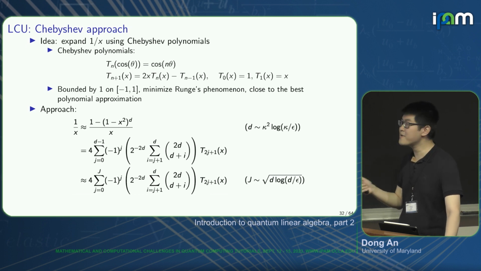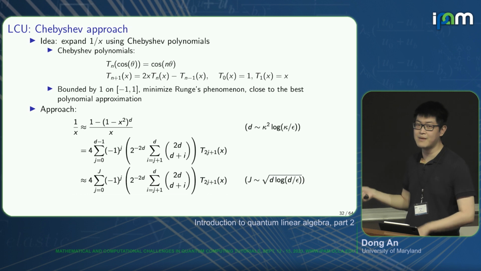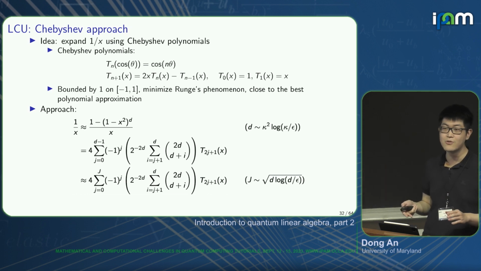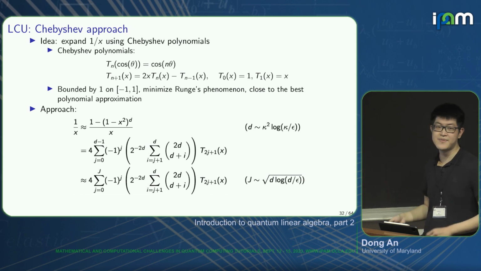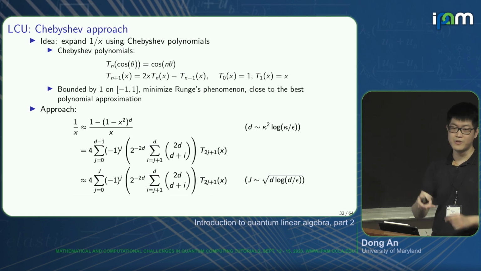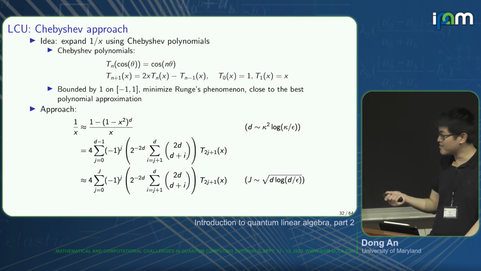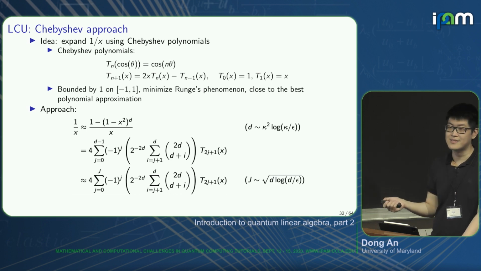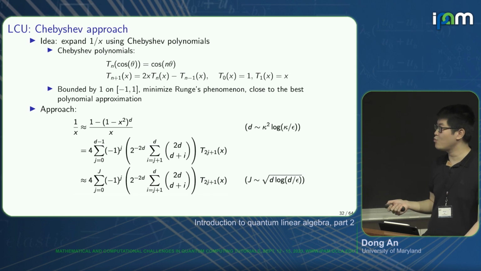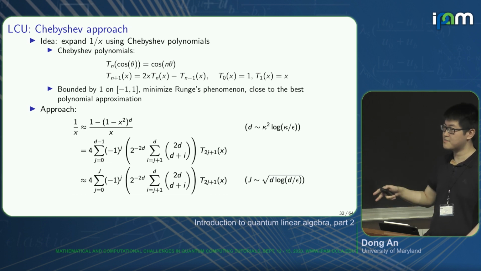Remember that this d will come into the complexity in the LCU algorithm, but we still have some other parameter due to the number of repeats of my LCU circuit. So the complexity will be worse than kappa squared if we directly use the polynomial in the second line. To get better scaling, we will further truncate this polynomial, because the high order Chebyshev polynomials have very small coefficients.